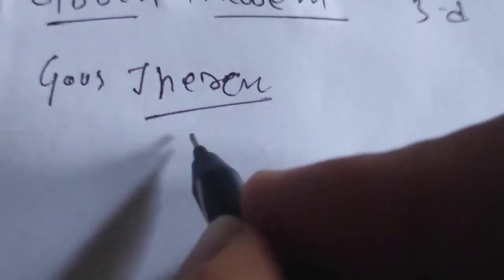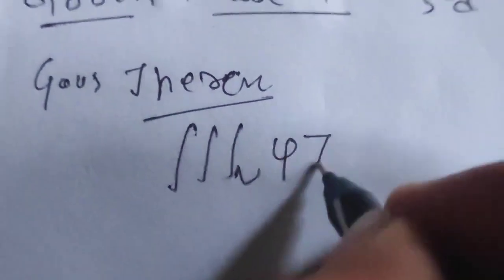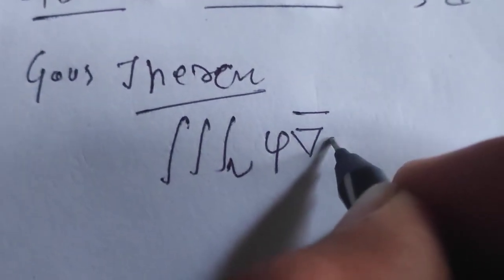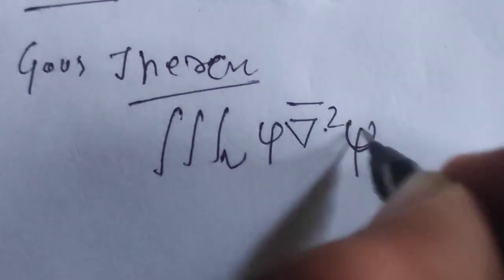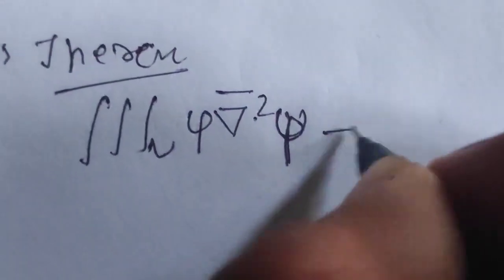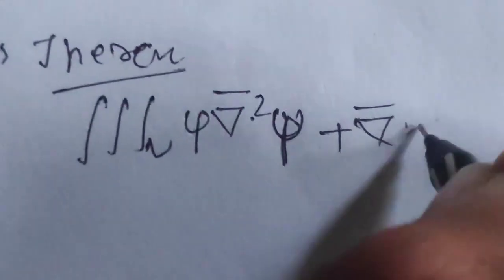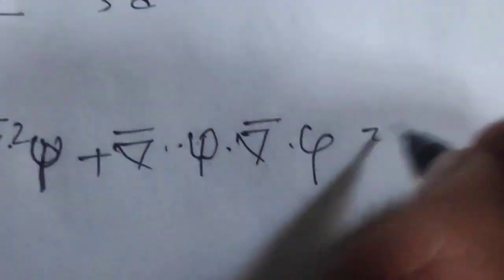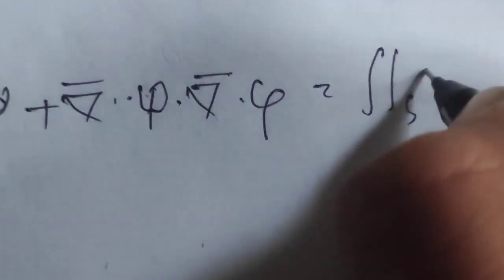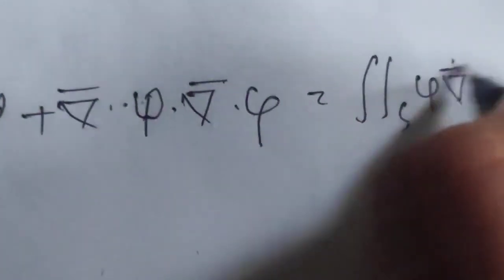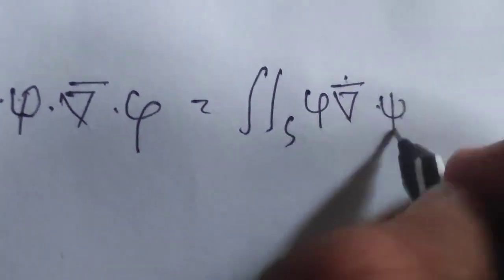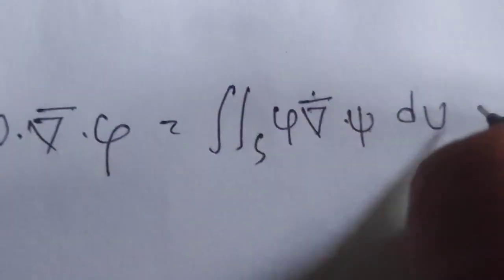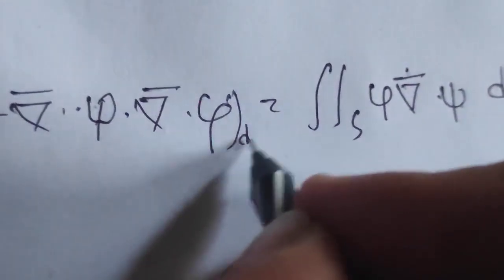It says how we can convert the volume integral of phi del square psi plus gradient phi dot gradient psi into phi times the divergence of gradient psi, which is equal to the surface integral of phi gradient psi dot ds, or here it is dv.